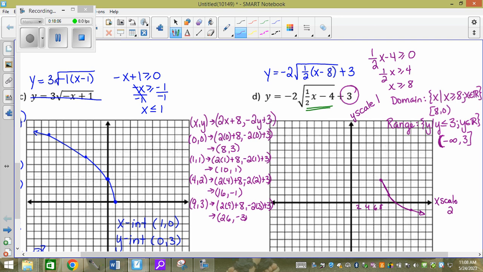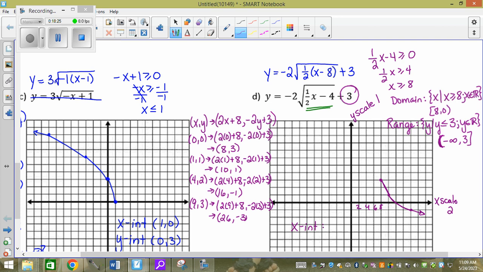Yeah, your x-intercept would just be plotted, whatever it is. 10 and 0? It's what? 10 and 1? I mean, it's 12. Okay, but let's check it out.